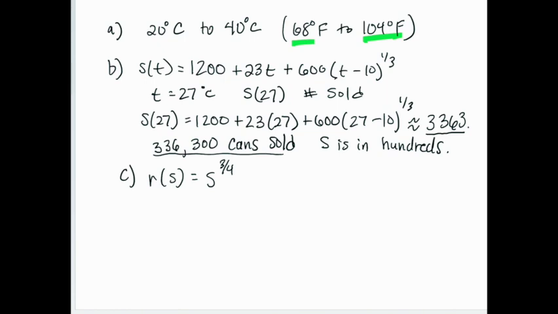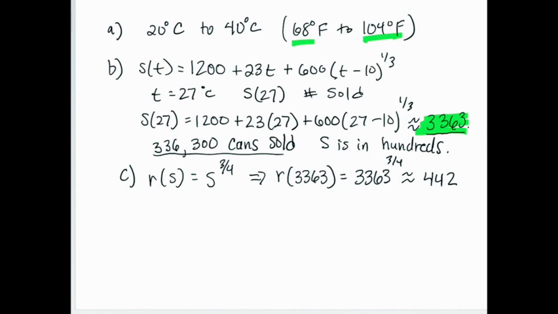However, remember, R and S are both in hundreds, so I don't want to put in 336,300. I want to put in 3363. So when I plug in 3363, and I raise it to the 3/4 power, we're going to get approximately 442 for that answer, but that's in hundreds.